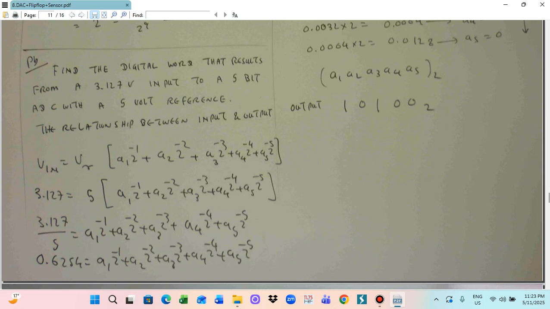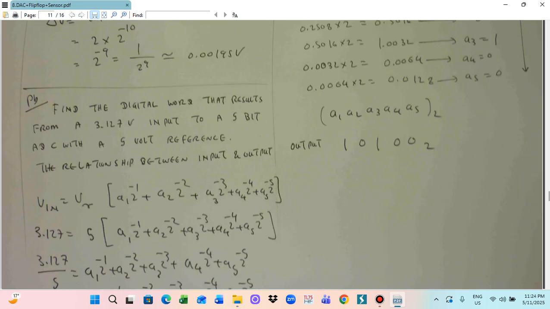So Vn equal to Vr, A1 to power minus 1 plus A2 to power minus 2 up to A3 to power minus 3. Then Vn is 3.127, Vr is 5. So A1 to power minus 1, A2 to power minus 2, A3 to power minus 3, A4 to power minus 4, and A5 to power minus 5 equal to 0.6254.